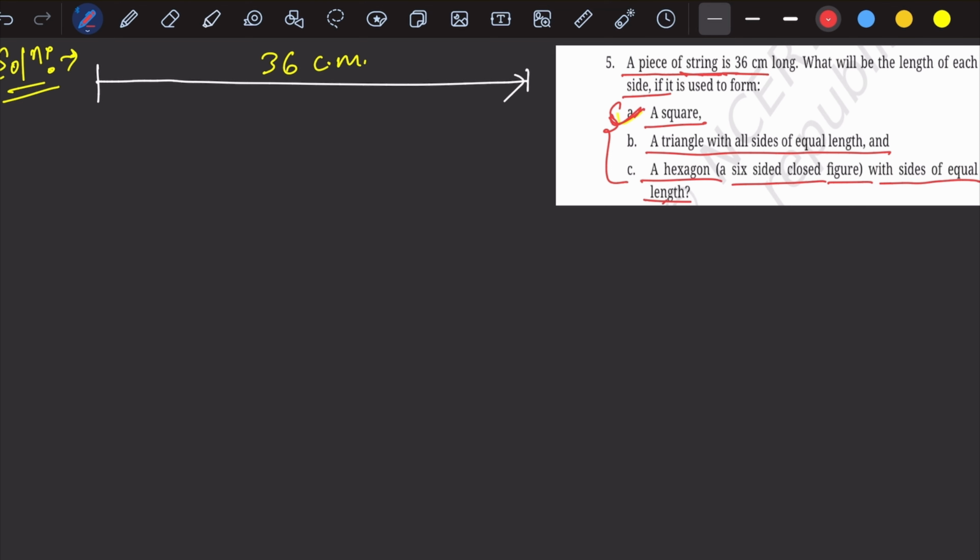We have a square, so let me make a square. We will make a square with the help of this same string. Let's suppose this is our square.